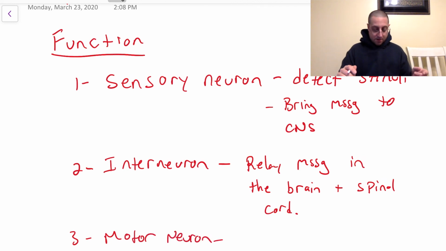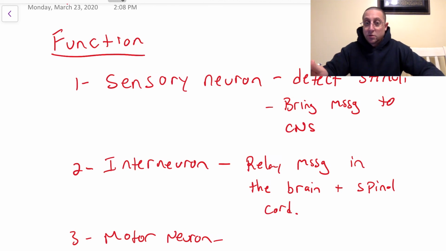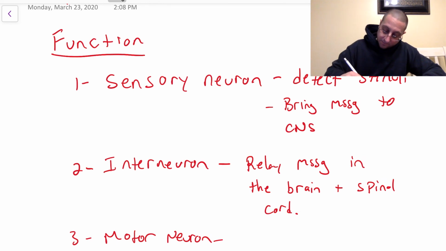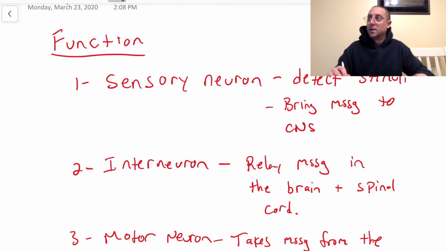The motor neuron is going to deliver the message from the brain to, let's say, the effector, like the efferent nervous system. So it takes the message from the central nervous system and brings it to the peripheral nervous system to the effector.